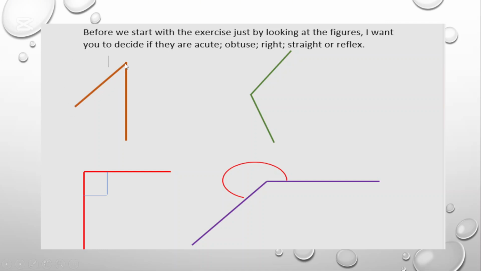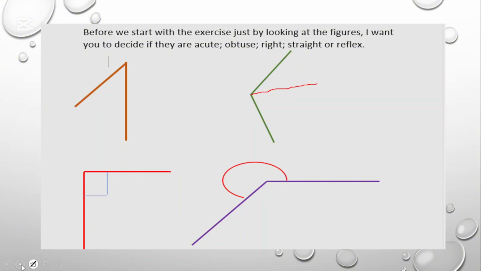Right, that is our vertex. That is our two sides, and just by looking at it I can see it is not more than 90 degrees. So that is our acute angle. Look at this one here. Just by looking at it I can see it's more than 90, because if I have a straight line there, that angle will go past the 90 degrees.